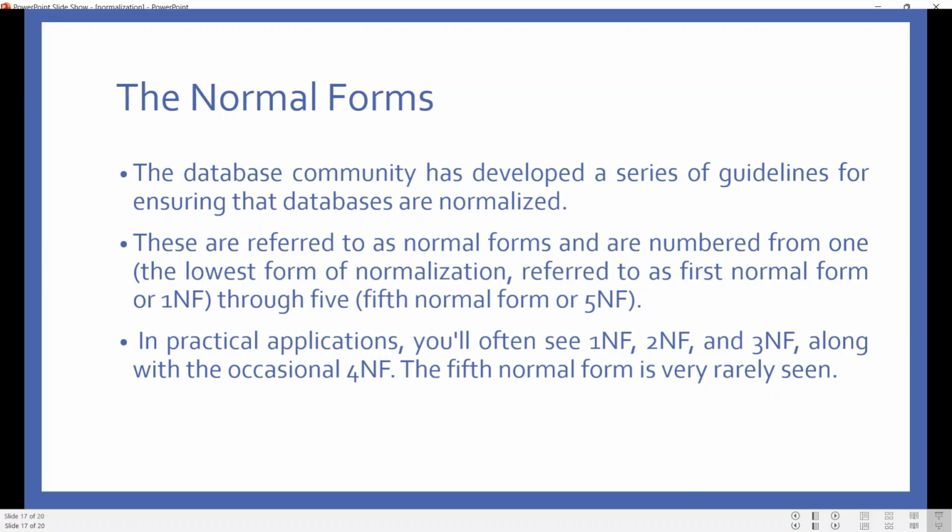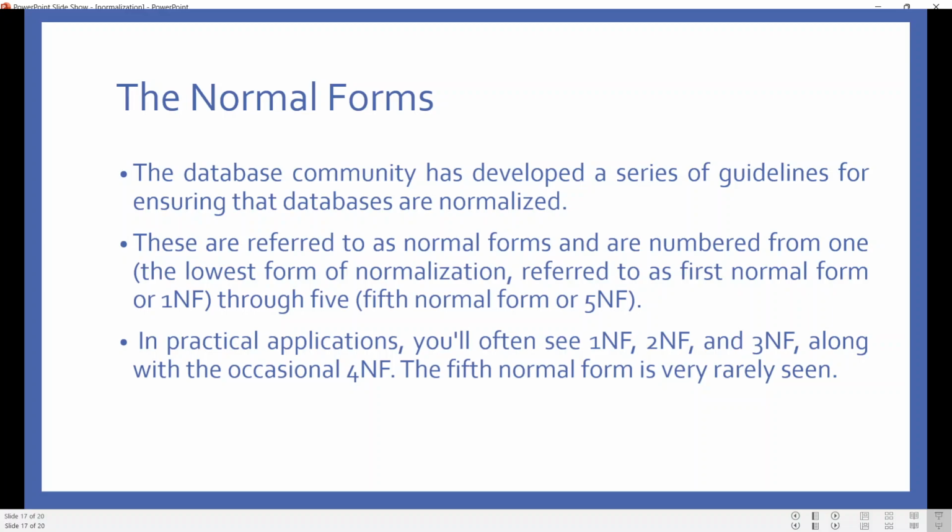Then coming on to the normal forms. As you know, we were talking about normalization, and the database community has developed various guidelines for normalization of the database. These are referred to as normal forms, and they are numbered from the lowest form of normalization, called first normal form, or 1NF in short, through fifth normal form, 5NF.